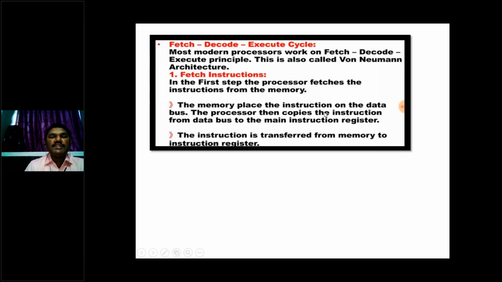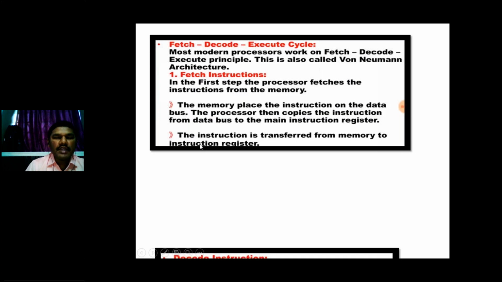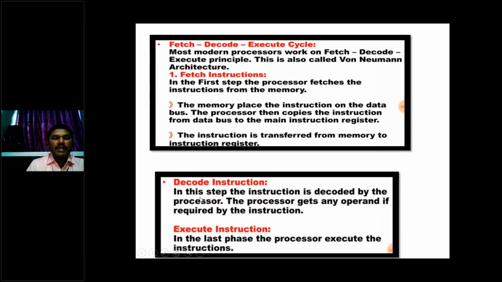The memory places the instructions on the data bus. The processor then copies the instructions from the data bus to the main instruction register. So the instruction is transferred from memory to the instruction register. This is the operation of fetching. The next one is called decoding. In this step, the instruction is decoded by the processor.